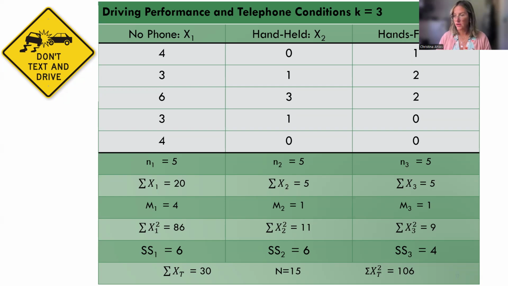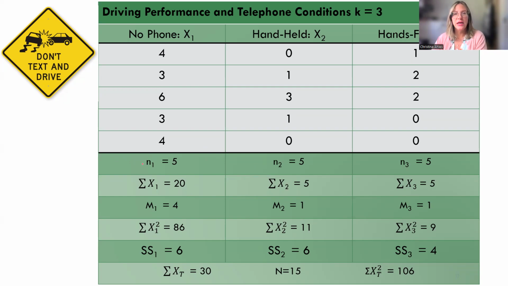I always suggest you create some kind of legend to distinguish which condition and which notation numbers go together, because it's very easy to grab the wrong numbers, since some of these numbers we're going to be using in multiple equations. You don't want to grab the wrong number accidentally.